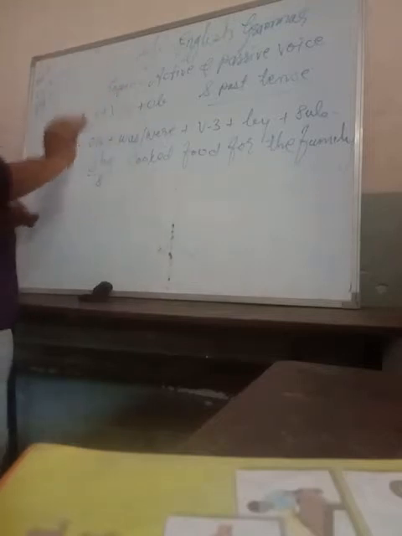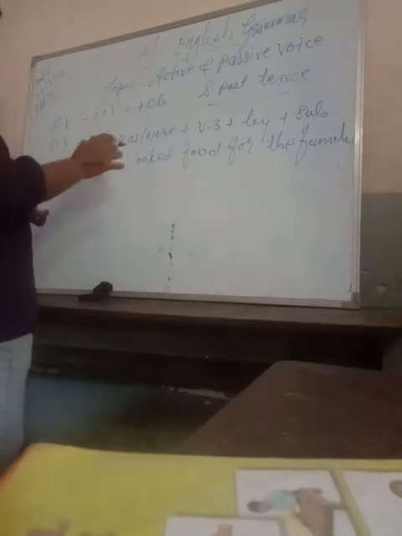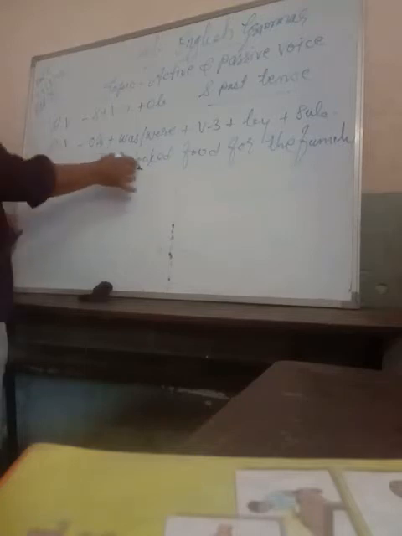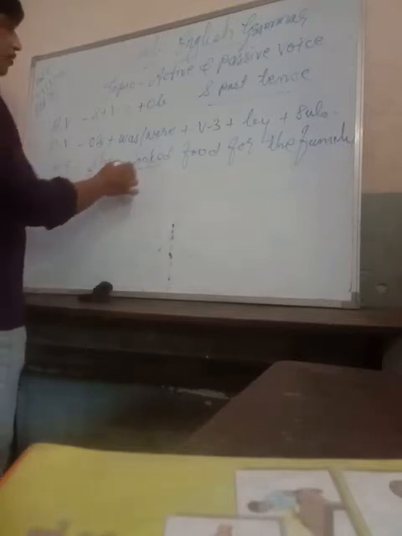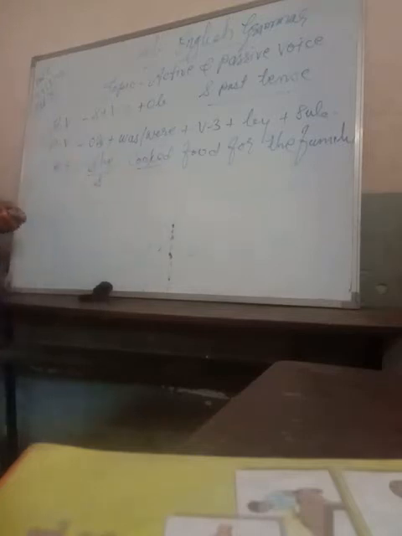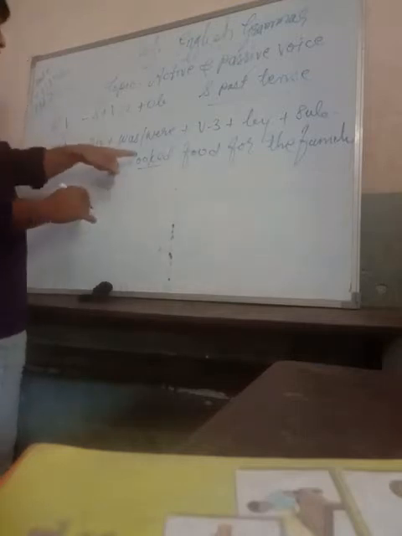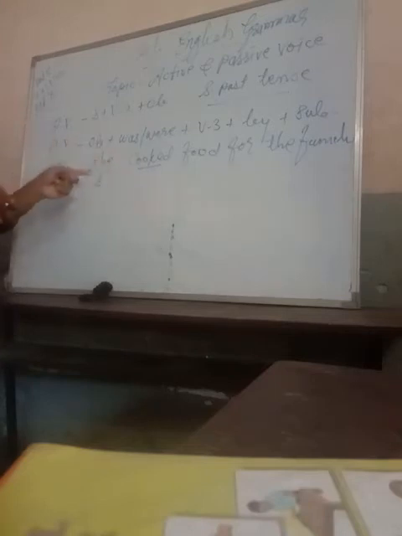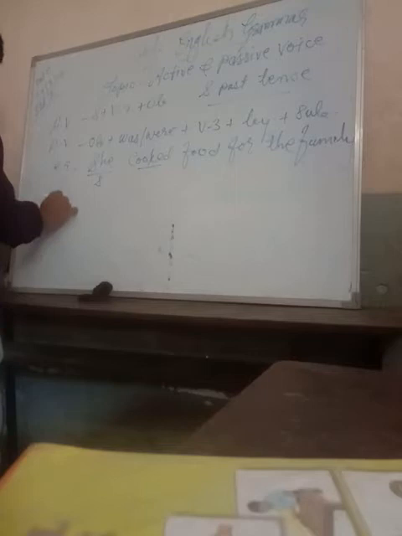Even if sometimes past tense and past participle are the same, here in this case also, simple past tense and past participle both come the same, cooked. But the to be form is not found here, so it is not a passive voice. So we have to change it into passive voice now.